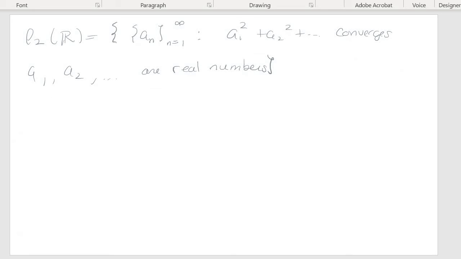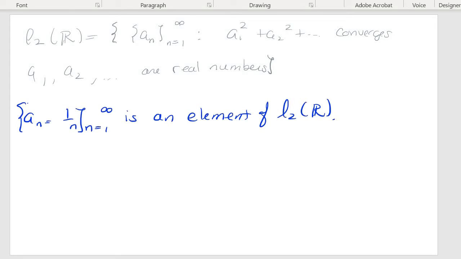Okay, I gave you this other example, little L2 of R. That's the space where the vectors are entire sequences, where those terms are real numbers, and the sum of squares converges.